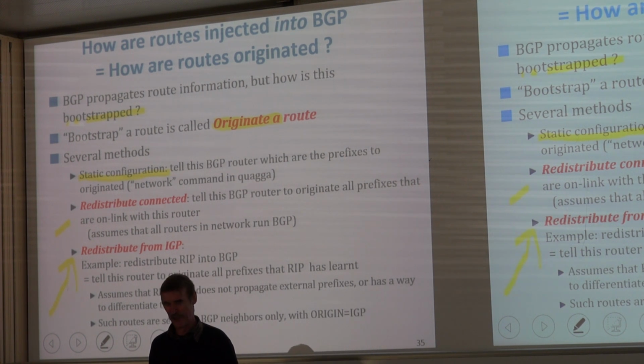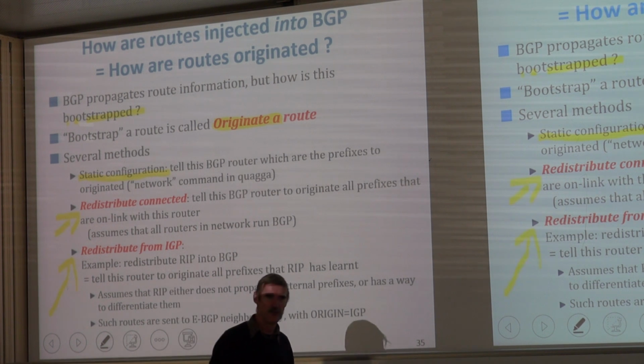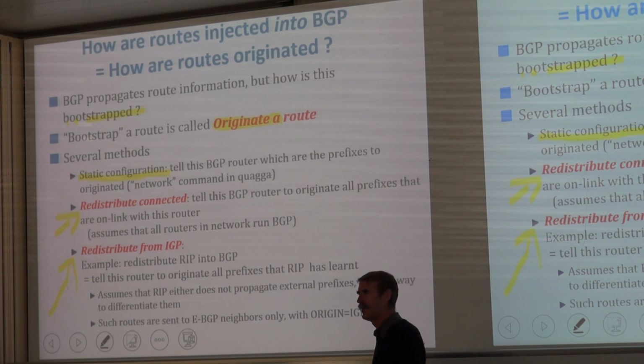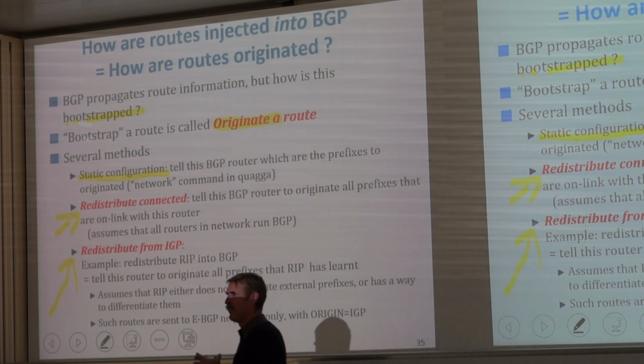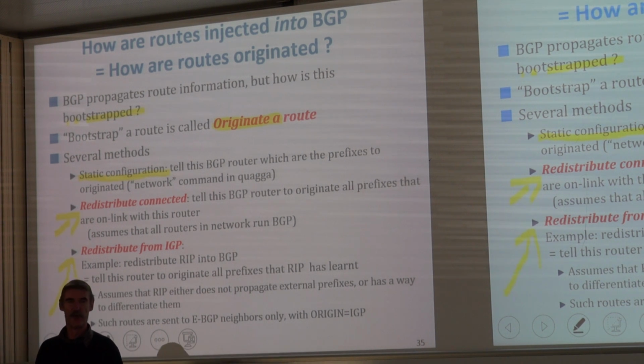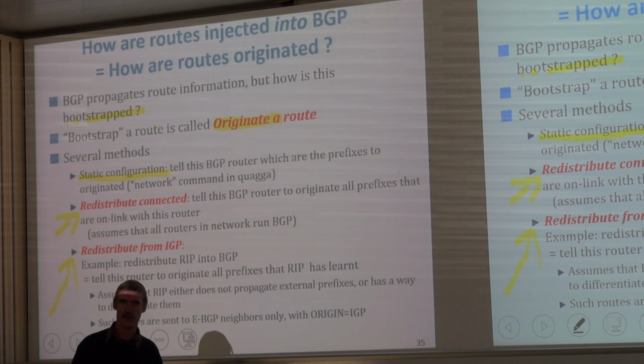As you will see in the lab, you need to be careful how you redistribute. Very often, another way that is done in the standard configuration is to redistribute only the directly connected routes. Directly connected means a BGP router knows what are all the interfaces it has, and all those interfaces, it will bootstrap, originate into BGP.